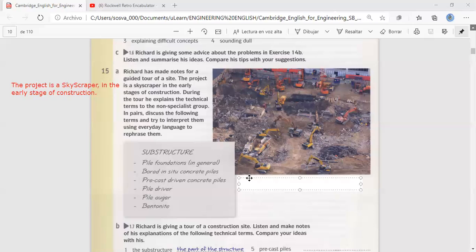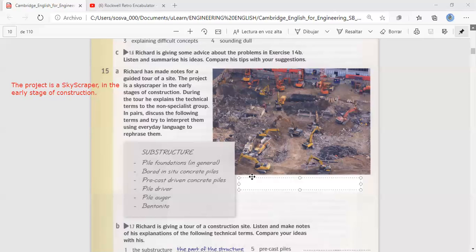But there are other piles or structures that they just buy and connect. As an example, we can have the underwater system, the drainage system.